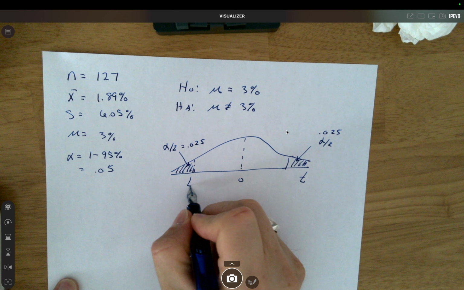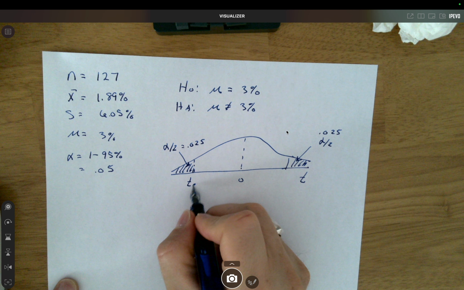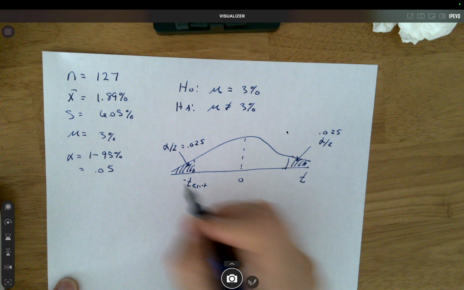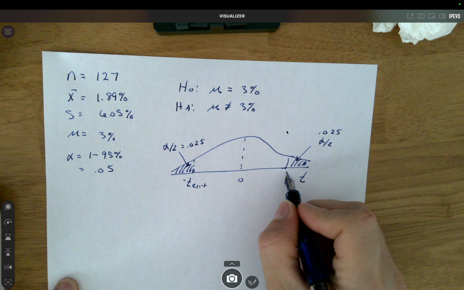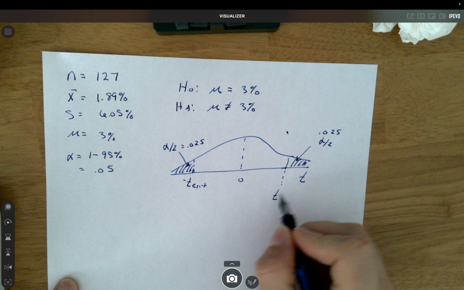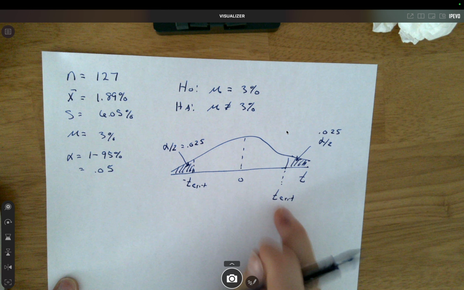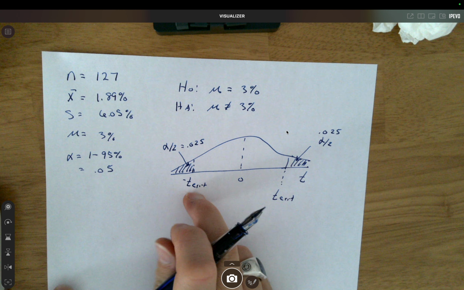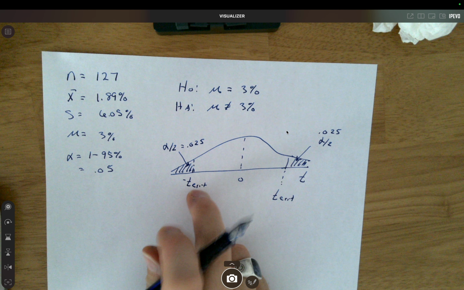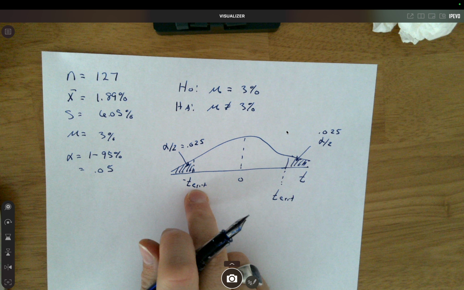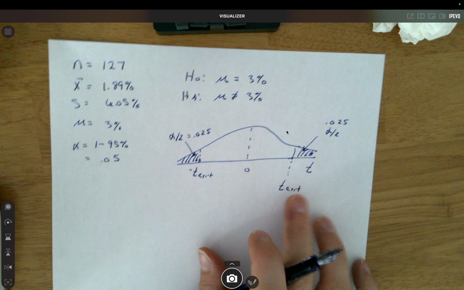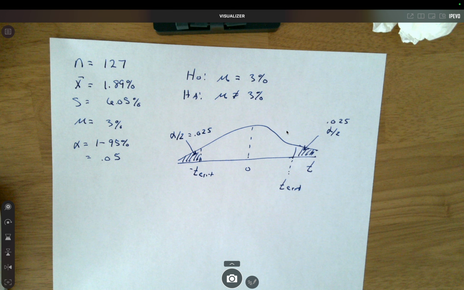This is going to be our t-critical, the negative value, and this is going to be our positive value. This is always going to be symmetric. Whatever this critical value is here, this one over here is going to be the exact same thing. So this is t-critical, the negative value. This is t-critical, the positive value.